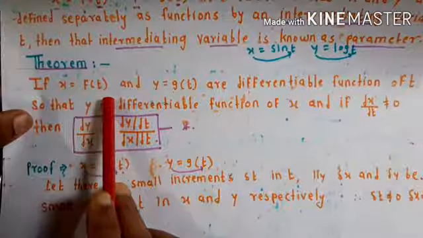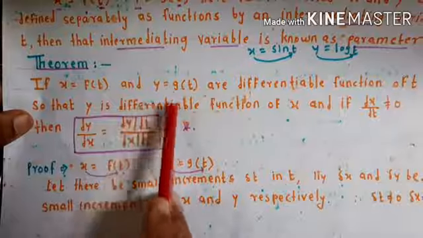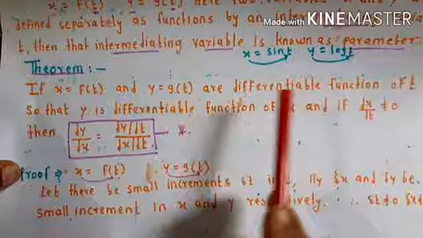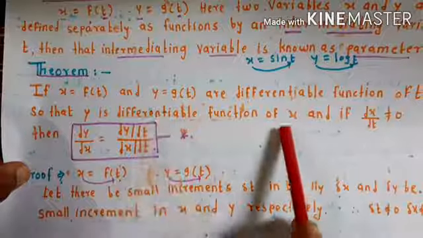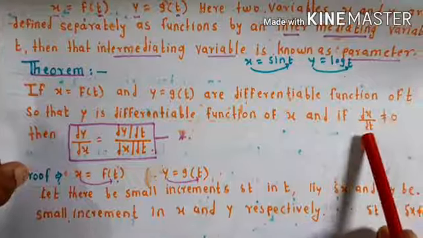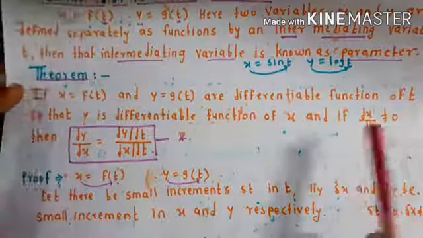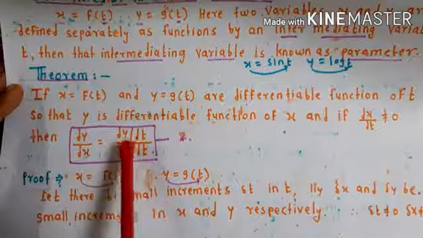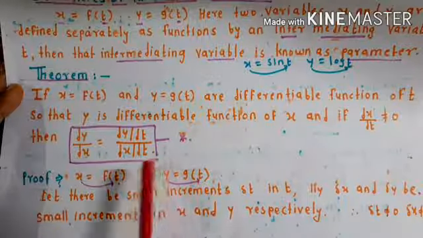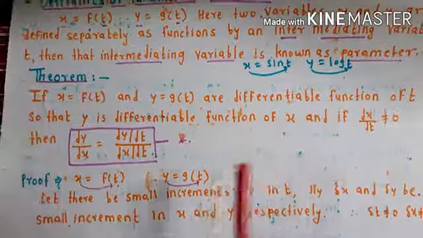If x equal to f of t and y equal to g of t are differentiable functions of t, so that y is a differentiable function of x, and if dx upon dt is not equal to 0, then dy by dx equal to dy by dt upon dx by dt. So what is given?